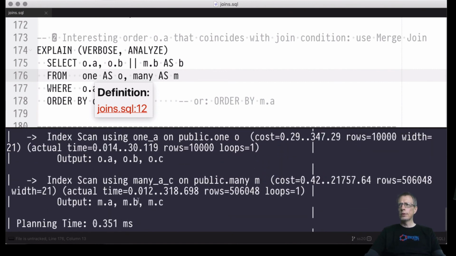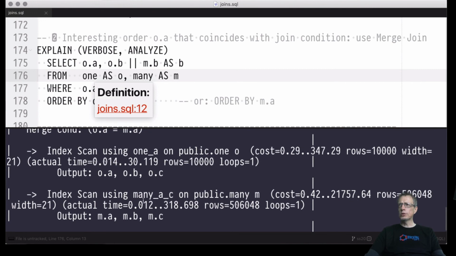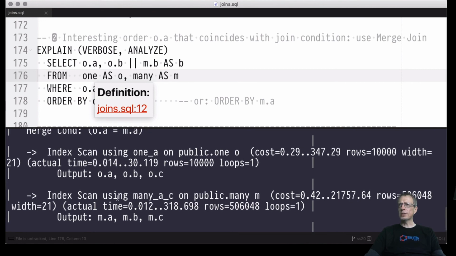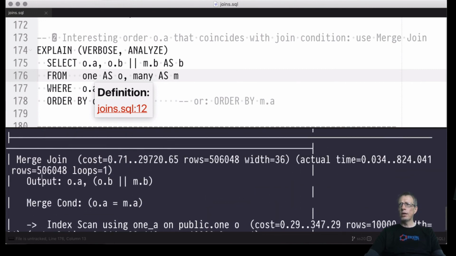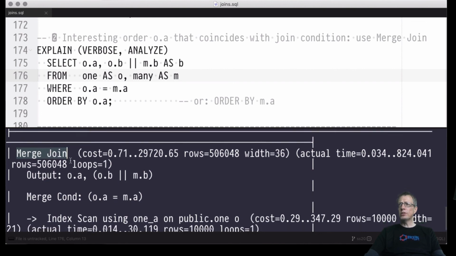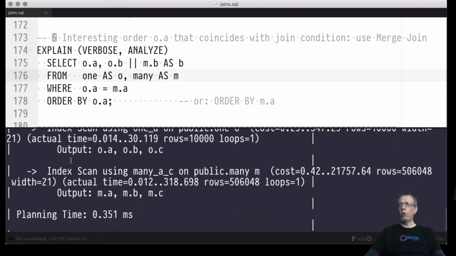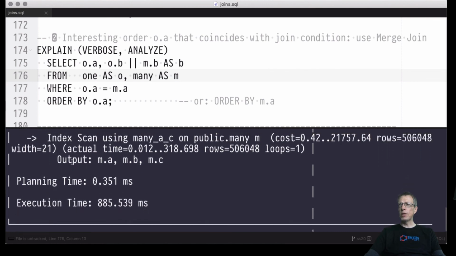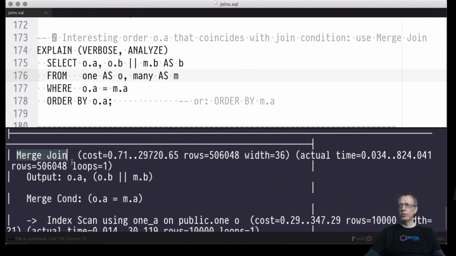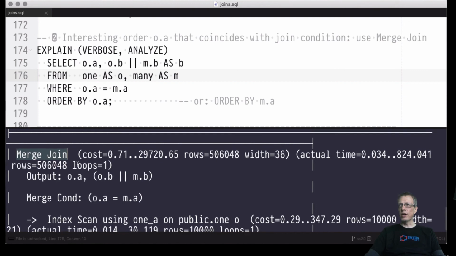Okay. That looks not too bad. Indeed, two index scans are involved now. There's a merge join here on top of the plan. You see that there is not a single mention of any ordering or sort operator in this plan. The merge join itself delivers the rows in the desired order.